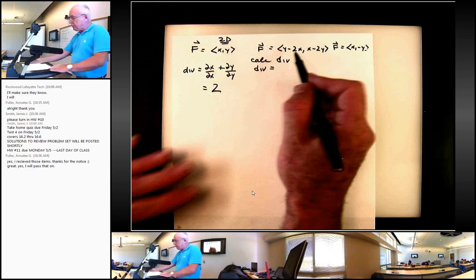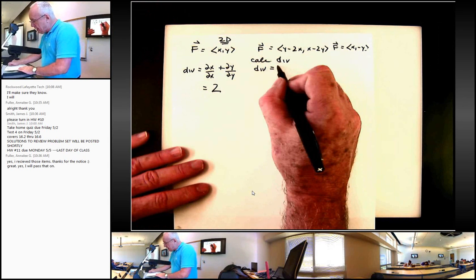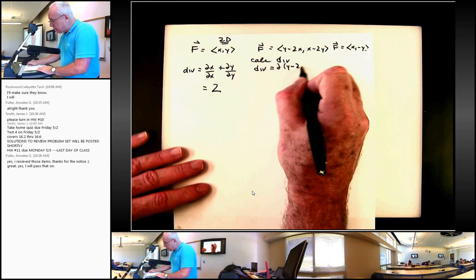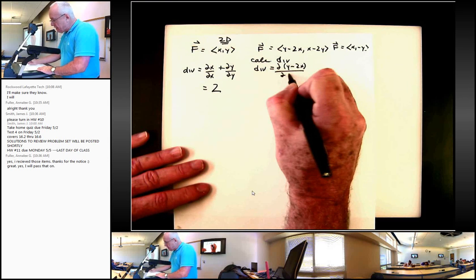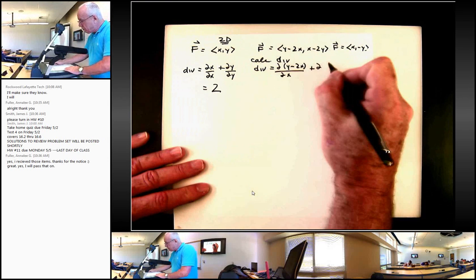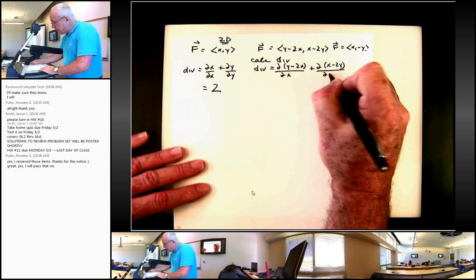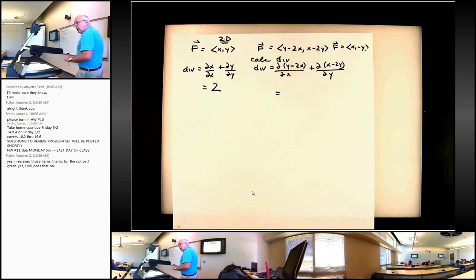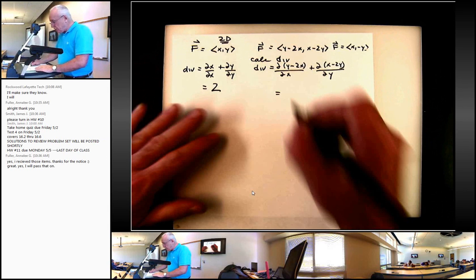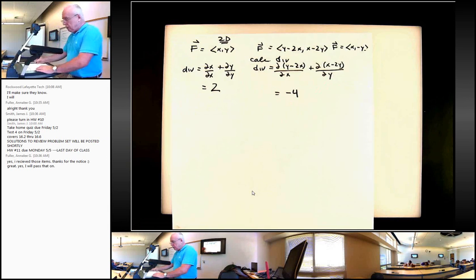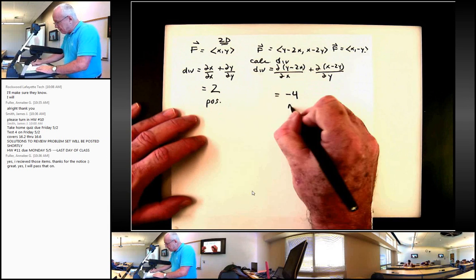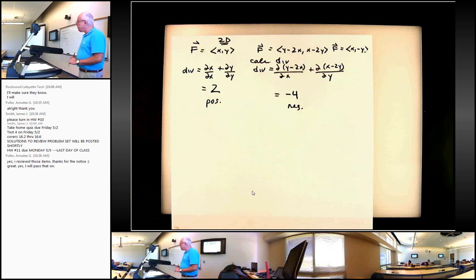The derivative of y minus 2x with respect to x, plus the derivative of x minus 2y with respect to y. For the first one, the derivative is negative 2, and for the second one, it's also negative 2. So the div is negative 4. For the first one, we have a positive div. The second one, we have a negative div.